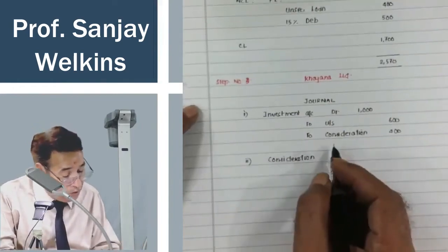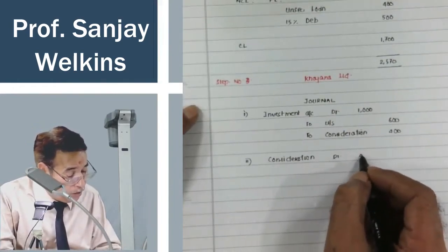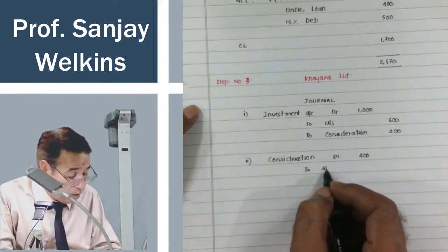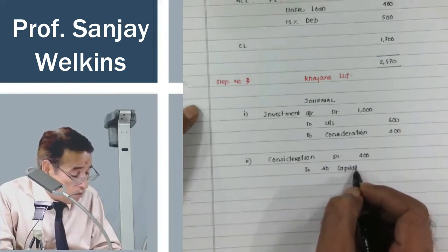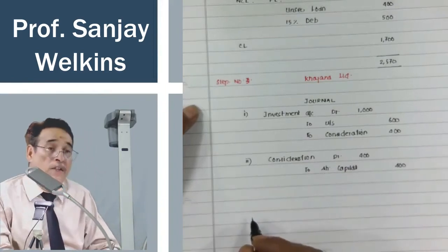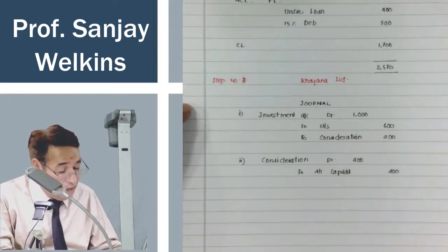Now they are going to discharge consideration. Consideration account debit 400 to share capital, that is 400. Correct? Is it clear to you? So this is how the entry will be passed with respect to Khajana Limited.